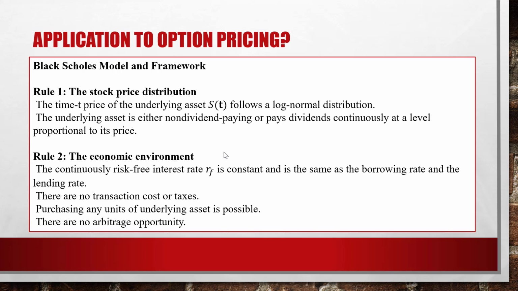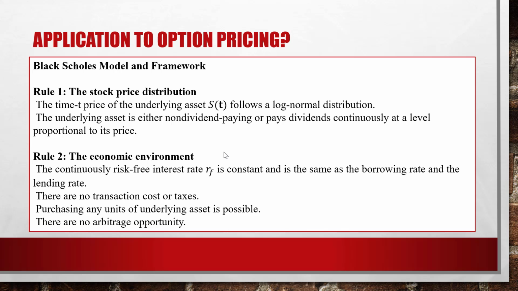There are no transaction costs and no taxes for any transaction, and you can purchase any units of the underlying asset. And the last one is that there is no arbitrage opportunity. Remember, we learned about arbitrage opportunity in the last lesson.